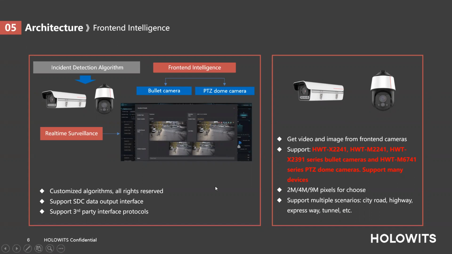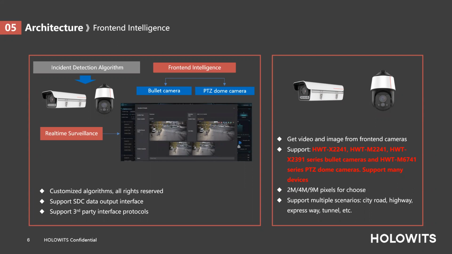From the body cameras to PTZ dome cameras, you can watch the whole real-time live video, and alarm rules are reported to your platform. We have customized algorithms already reserved and support the HDC data output interface. Also, we support third-party interface protocols.